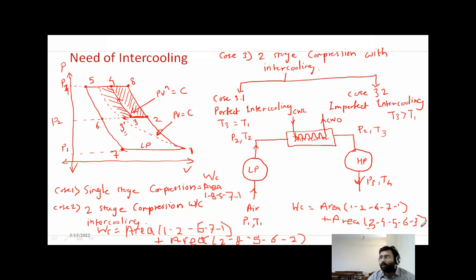Is it correct? Check the area in perfect intercooling: 1 to 2 to 6 to 7 to 1, this below area, plus 3 to 4 to 5 to 6 to 3, this area. This will be the work required in perfect intercooling.